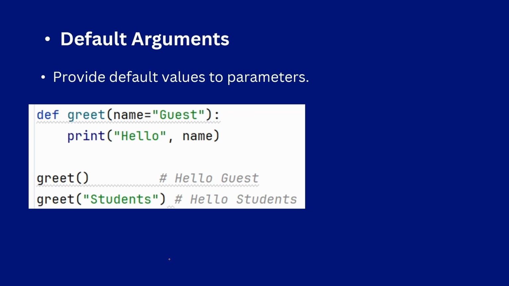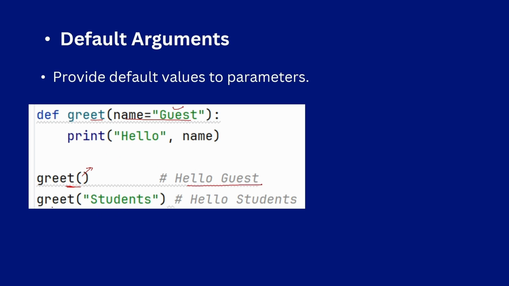Next is default arguments. They provide default values to parameters. Here we have this function greet, and we have written name equals guest. So guest here is the default parameter. When we are calling greet here and we aren't passing any argument, it will take this default parameter and print this output, hello guest.